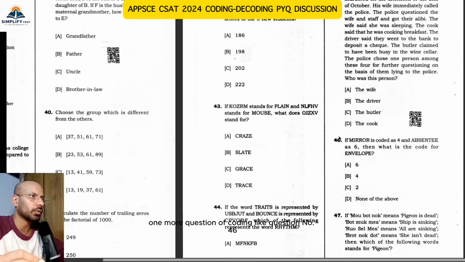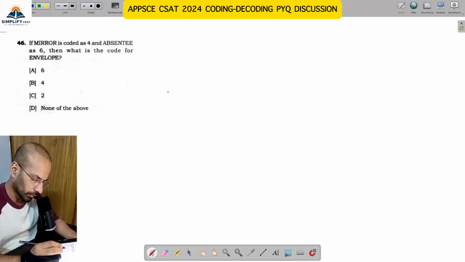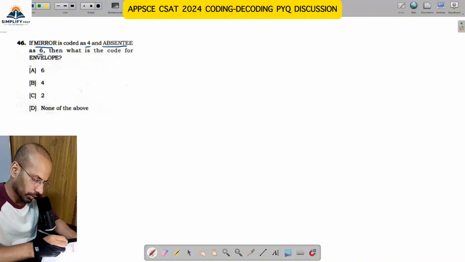One more question of coding, like question number 46. Coding based problems are one of the favorite areas of APPSC. They ask 4-5 questions on coding. So let's see this question number 46. What this question is saying, in coding problems, you will be given certain codes for certain letters, base words, and then you will be asked to decode another code.